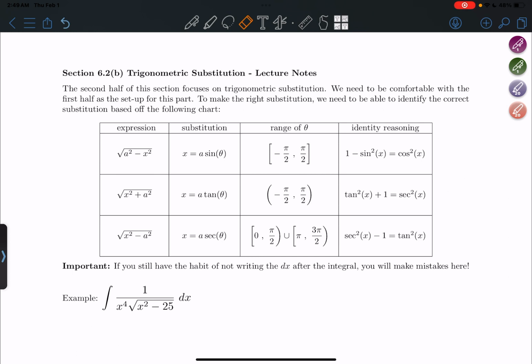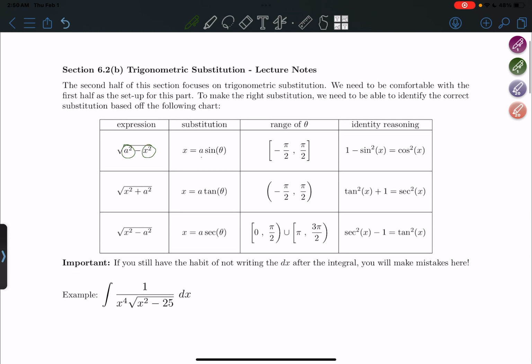The biggest way to distinguish these is to ask yourself, where is the function and where is the constant? For the first, a squared, a is the constant here, so it's constant minus function, a number squared minus a function squared. We use sine. The addition is easy because that's the only one. Function squared plus number squared, or number squared plus function squared, they're all the same.